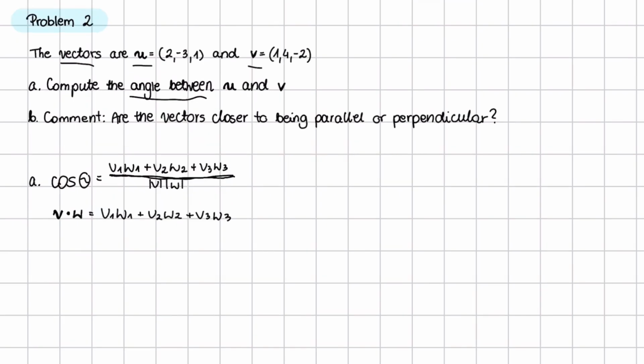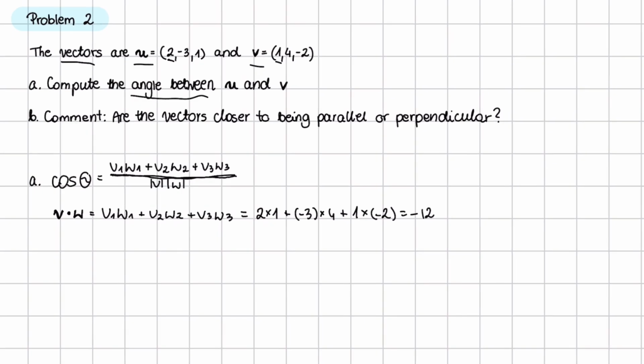So this is it, and this is basically the multiplication. So 2 times 1 plus minus 3 times 4 and plus 1 times negative 2, and this is minus 12. So we have the value in our numerator.